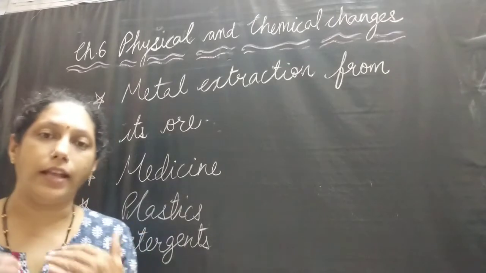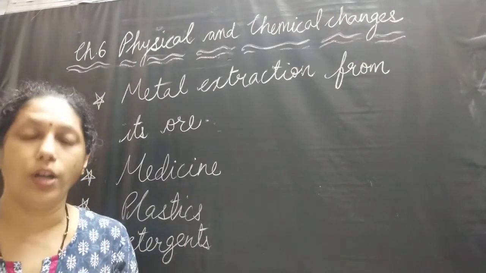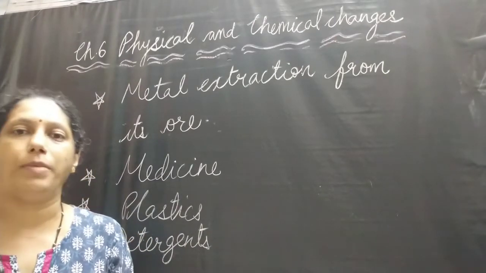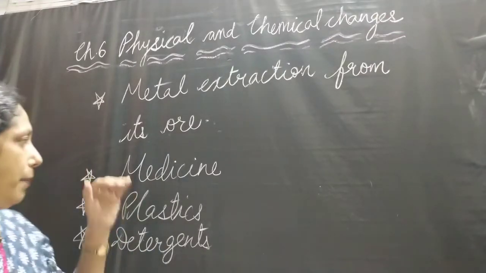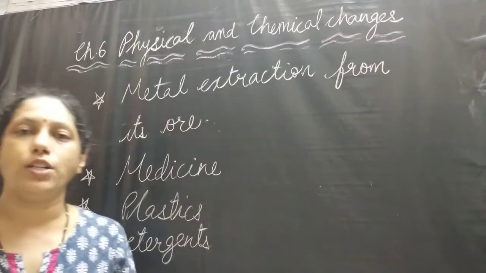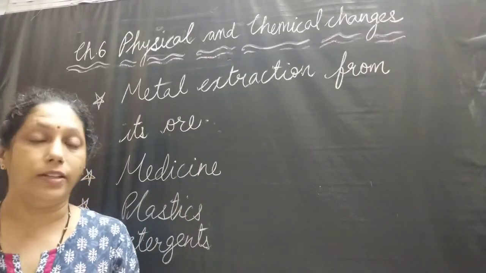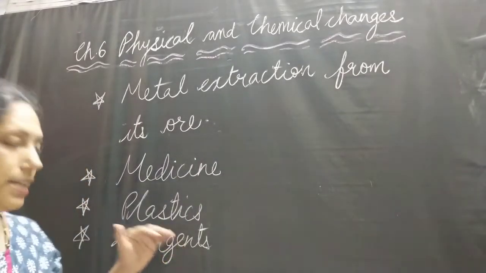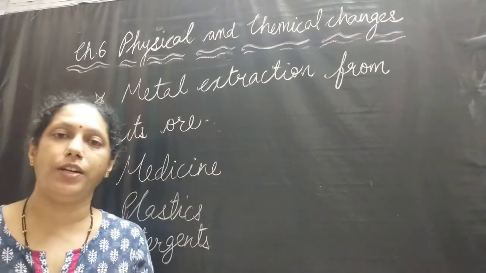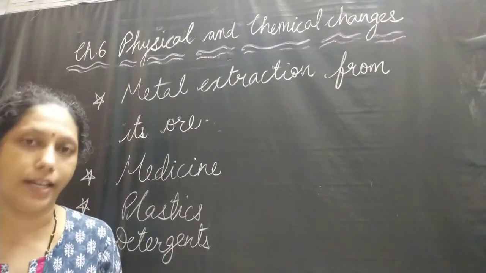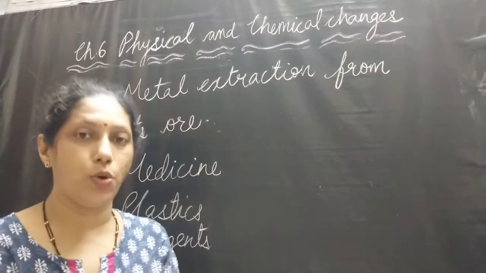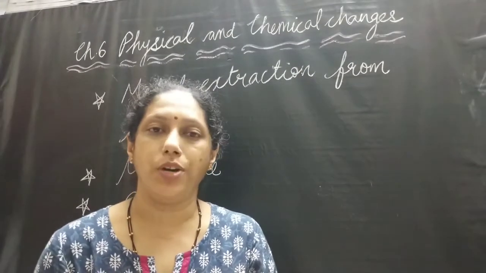If we want to extract iron from iron ore, a series of chemical reactions are involved. Medicine is an end product of a chain of chemical reactions. Plastics and detergents which we use in our daily lives are also products of chemical reactions.